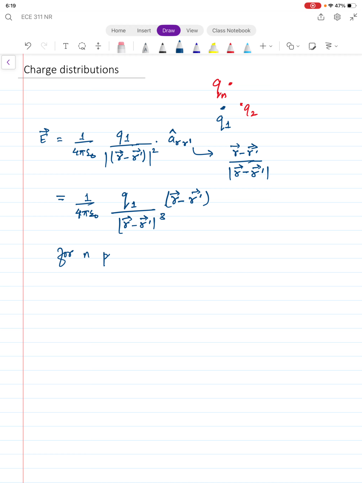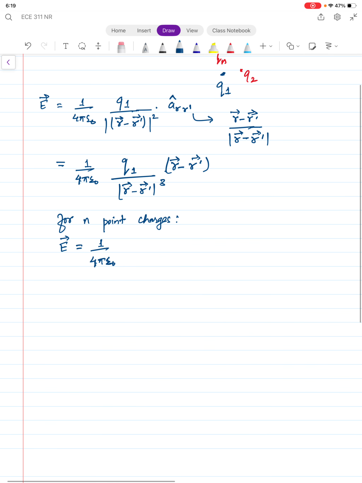For n point charges, this electric field can be written as 1 divided by 4 pi epsilon 0 q1 over r minus r prime cubed times r minus r prime.